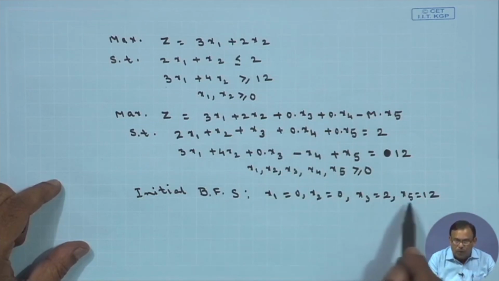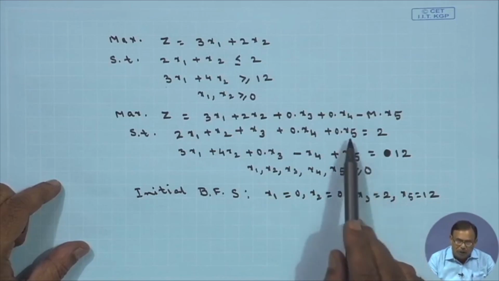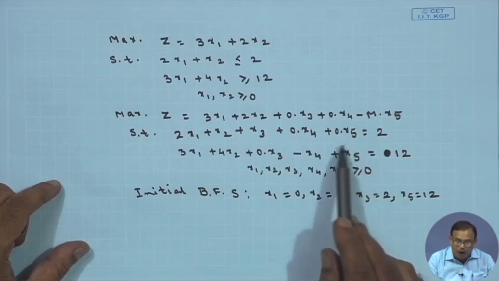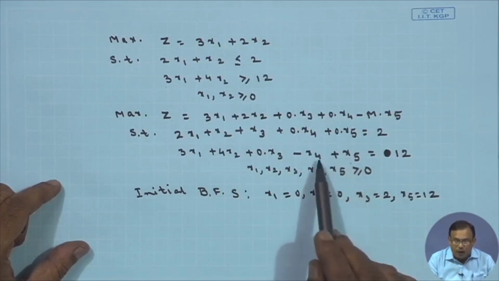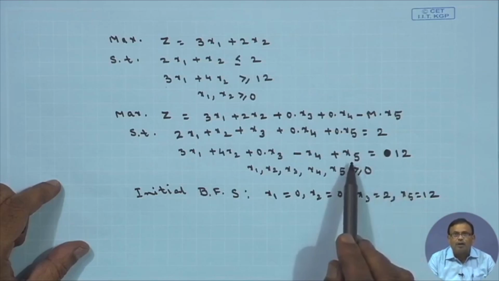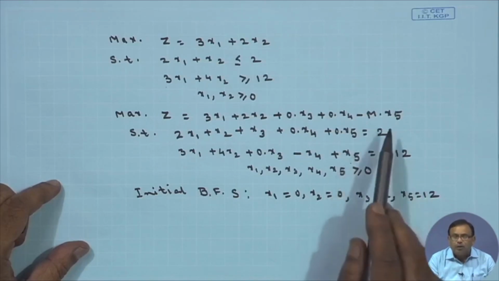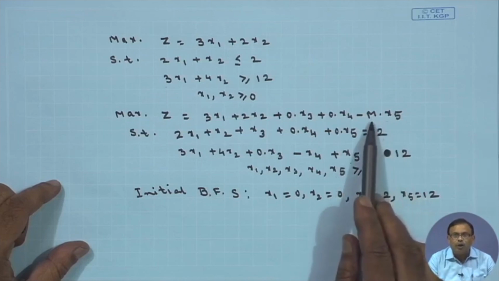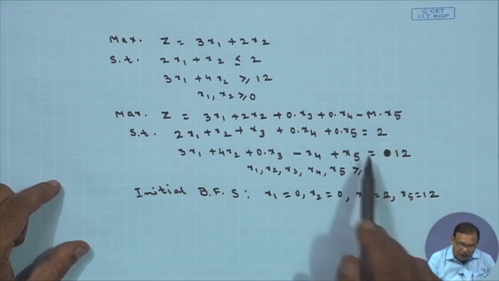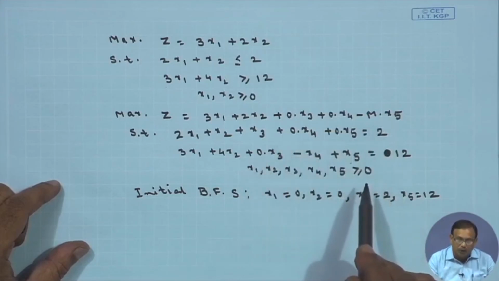Now, I hope it is clear why we have used this artificial variable here, because if we do not use it, then the value of x4 would have been minus 12, which violates our condition that all variables are non-negative. That is the reason we have added the artificial variable x5 here, and we have given it a high penalty, so that afterwards we can remove this artificial variable from our problem. So, this is the basic problem or standard format which we are putting.